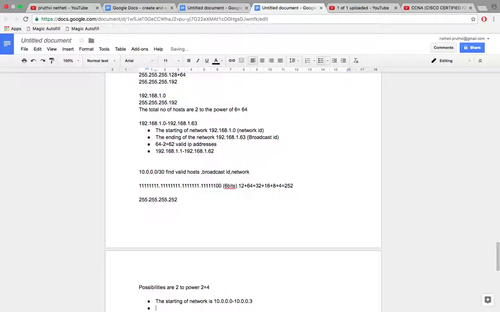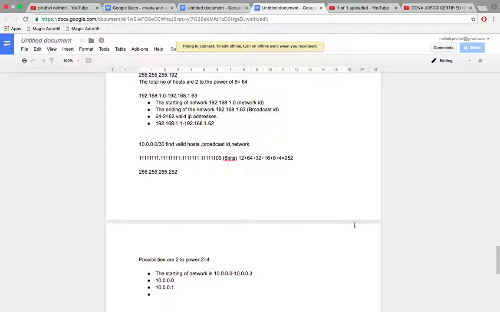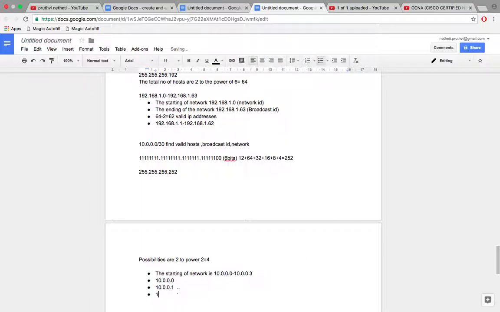The IP addresses are 10.0.0.0, 10.0.0.1, 10.0.0.2, 10.0.0.3. So a total of 4 IP addresses are there in this scenario.